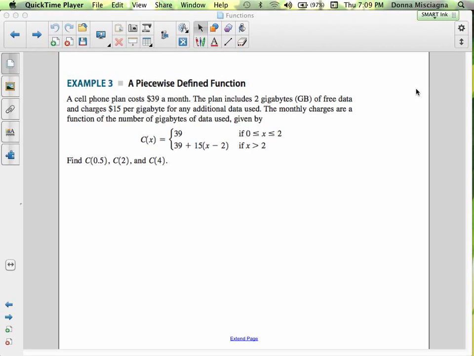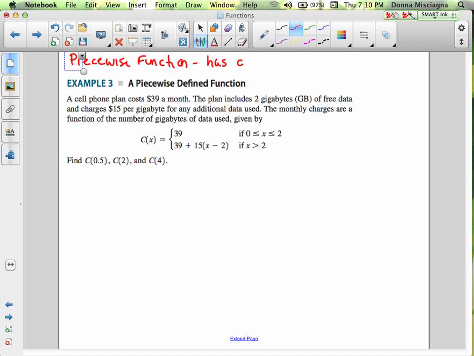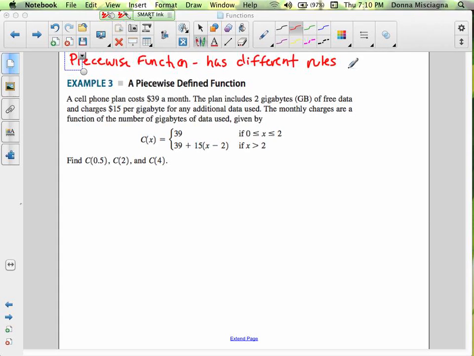Piecewise defined functions. A piecewise function just has different rules for different values of the domain.